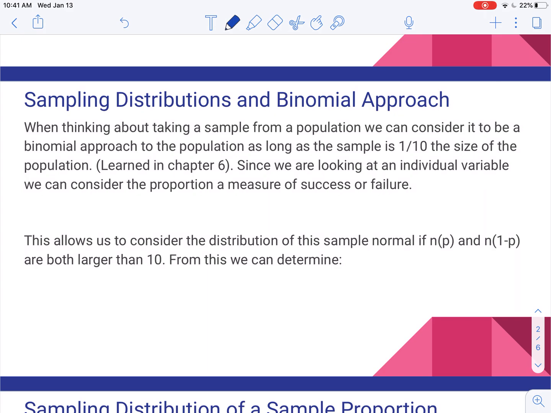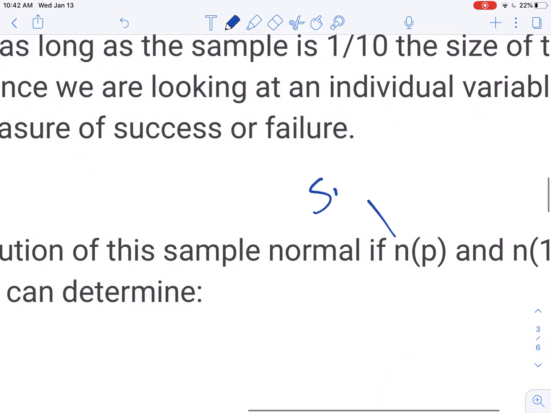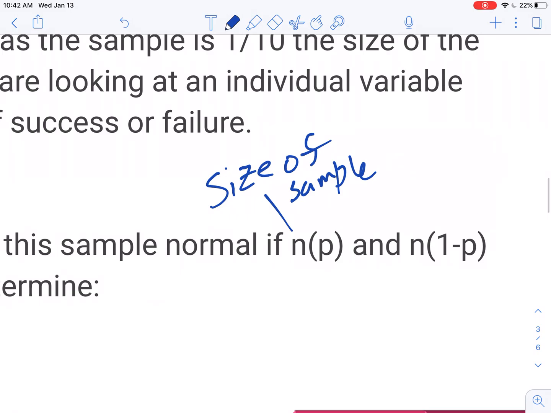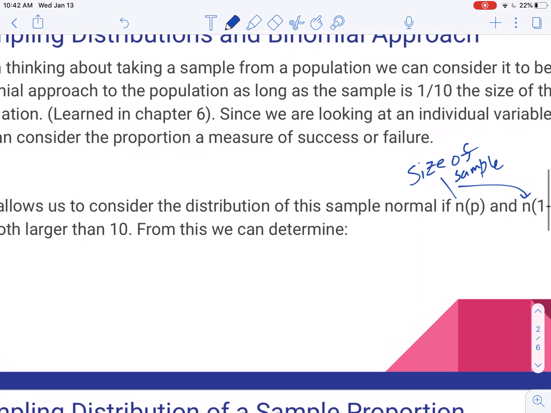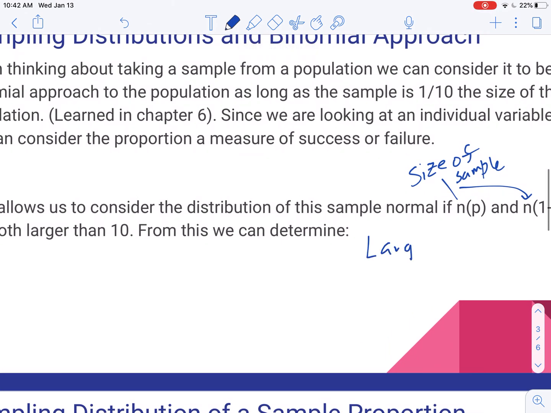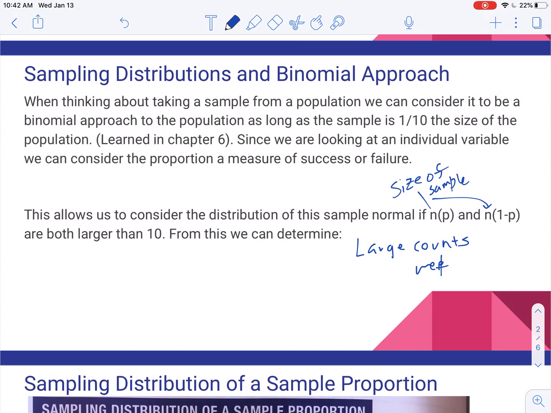The large counts condition allows us to consider the distribution of the sample to be normal if the size of our sample, n, times the proportion, and size of sample times 1 minus the proportion are greater than 10, then we can say that the large counts condition is met. And since that large counts condition is met, we can say that this is an approximately normal distribution.